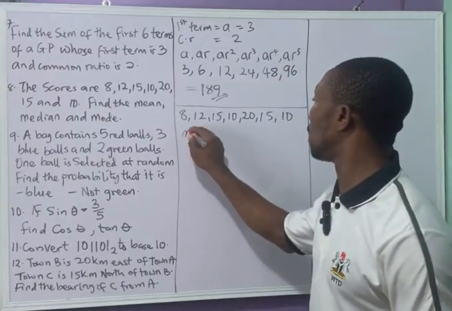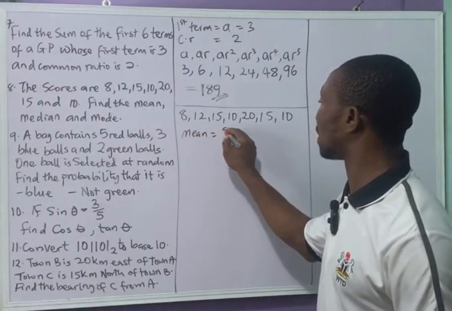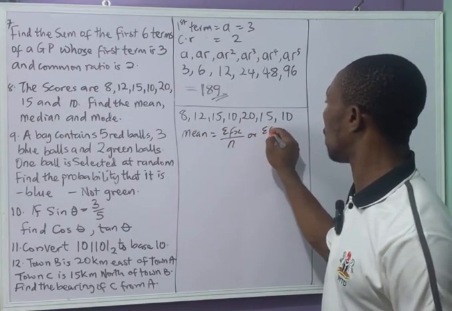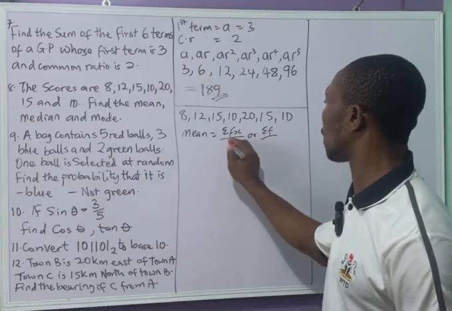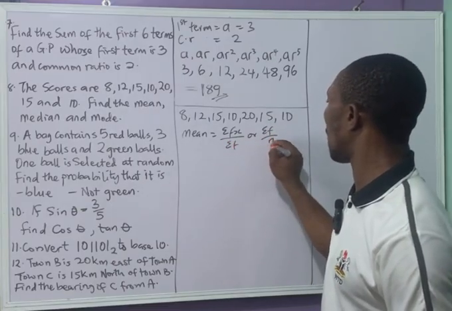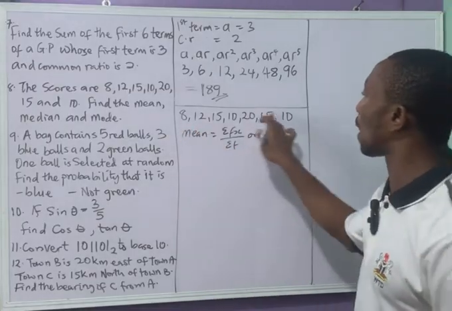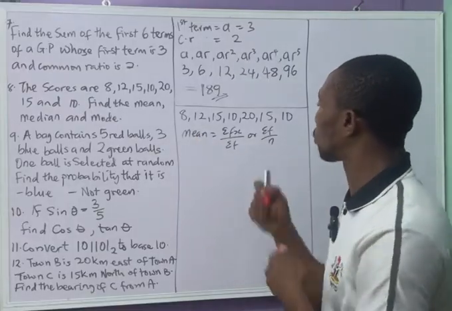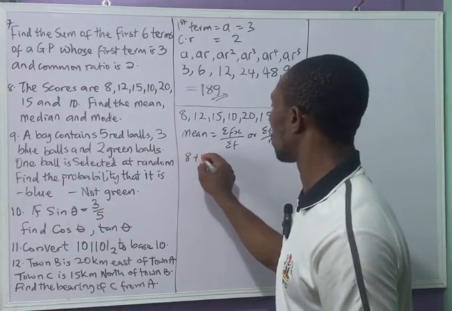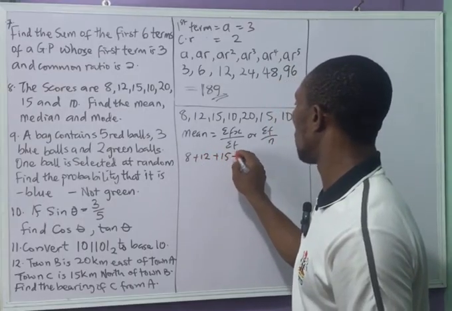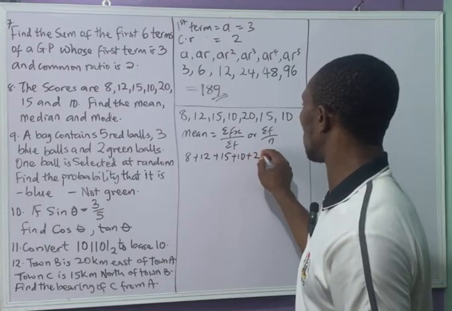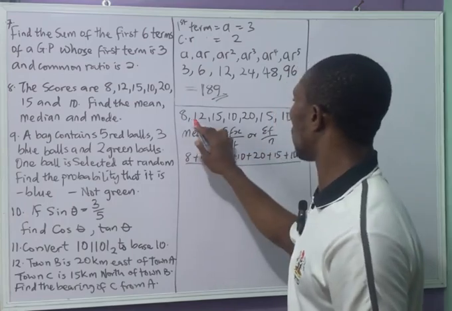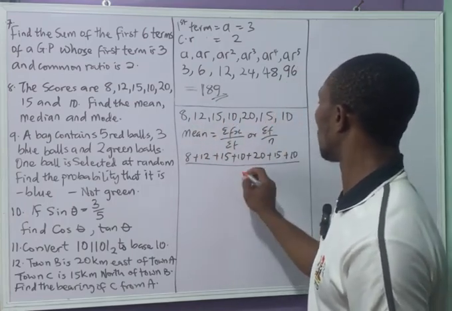We know for mean, we have ΣfX over Σf, or Σf over N. So now we simply add this all up: 8 plus 12 plus 15 plus 10 plus 20 plus 15 plus 10 divided by 1, 2, 3, 4, 5, 6, 7.